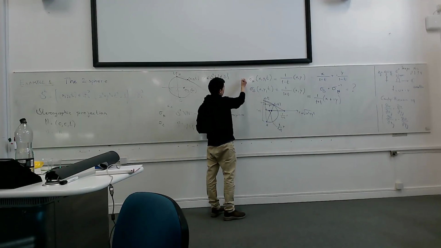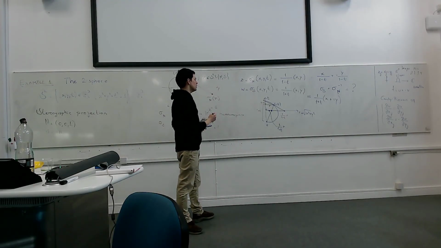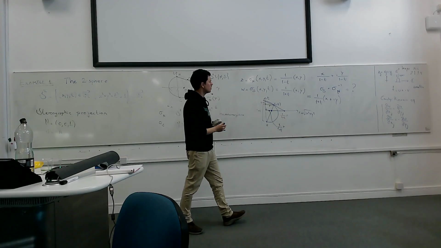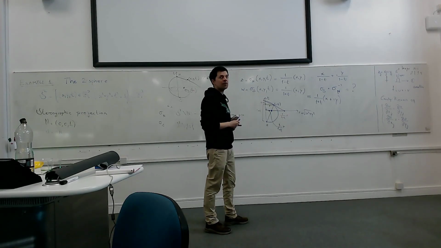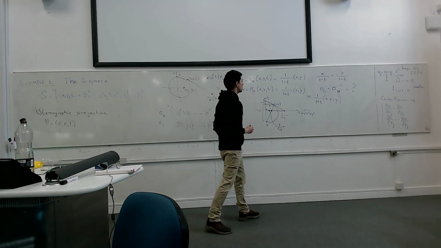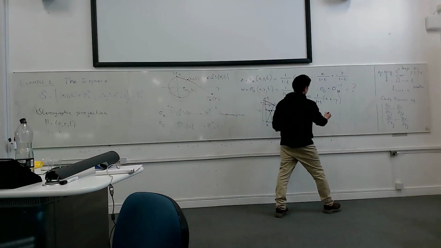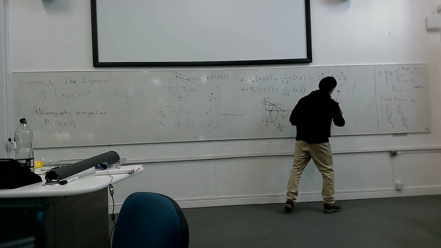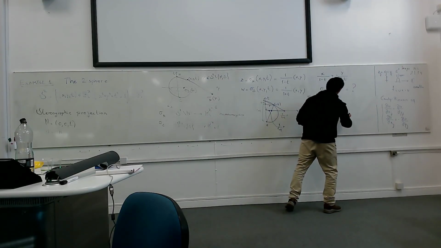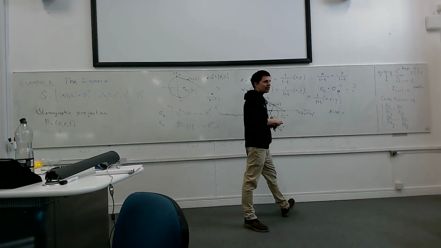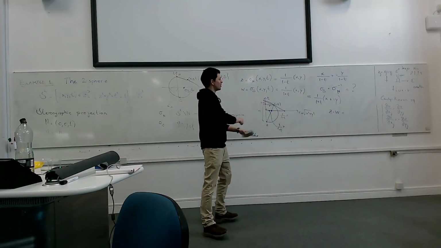I will call this complex number Z. And I will call this complex number W. And then what happens if I do the product of these two complex numbers? So if I do Z times W, well, I will get something. You can just do the calculation.